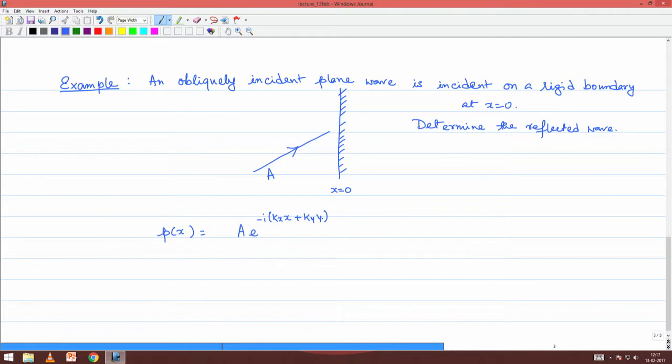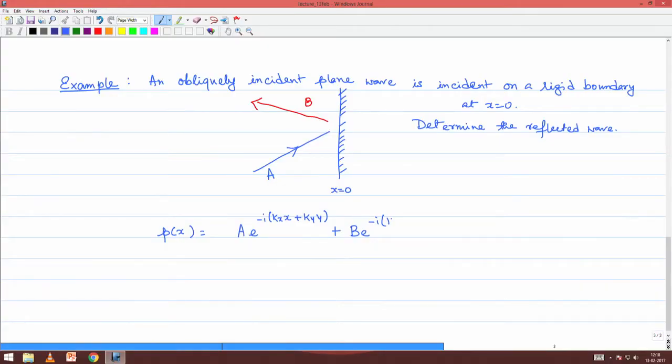That is the incident wave, but we are expecting that there will be an outgoing or a reflected wave also, which we call B. So, there will be a B wave, but the B wave could possibly have different wave number components, because obviously the wave number components denote the direction of travel of the wave.